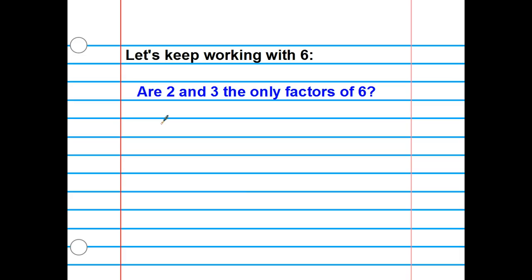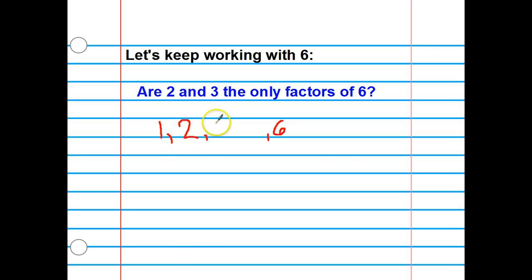Well, the easiest way to figure out if you've gotten all the pairs is to start with 1 times whatever number you're dealing with. In this case, it'll be 1. I'm going to go way down here because I know 6 is going to be the largest number that I can multiply and still get 6. Well, we got 1. What number comes after 1? 2. Is 2 a factor of 6? Well, yeah, we've already established that.